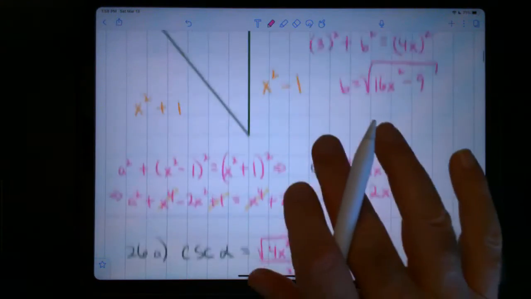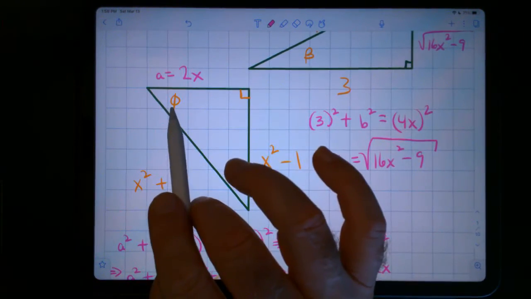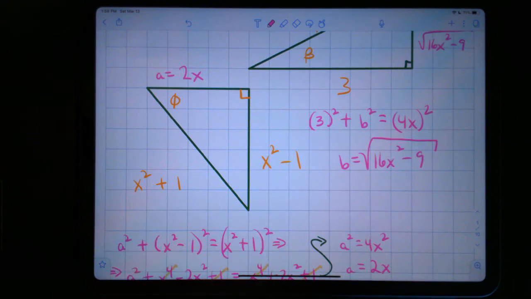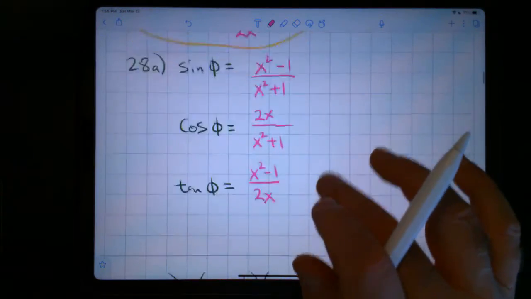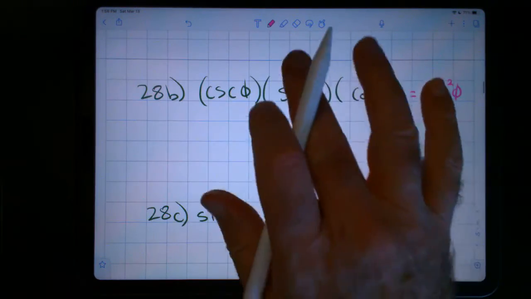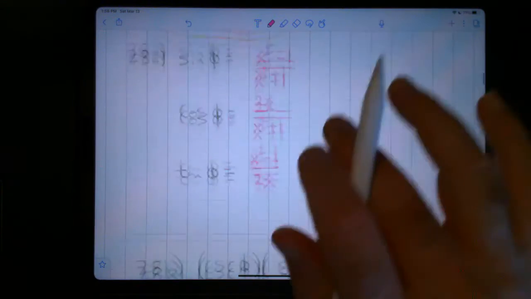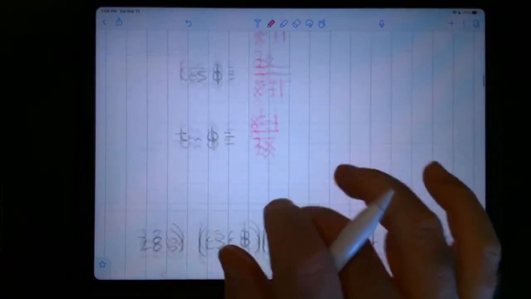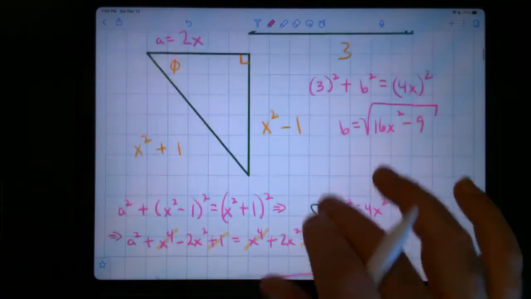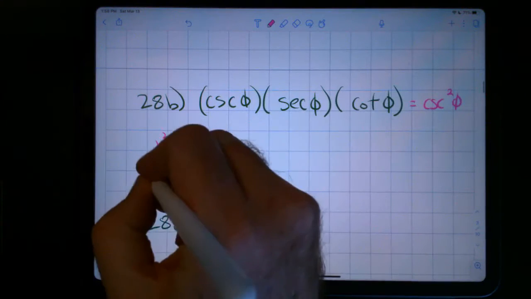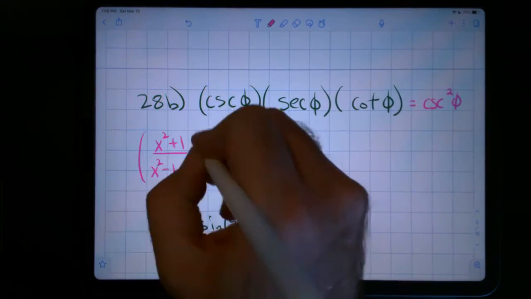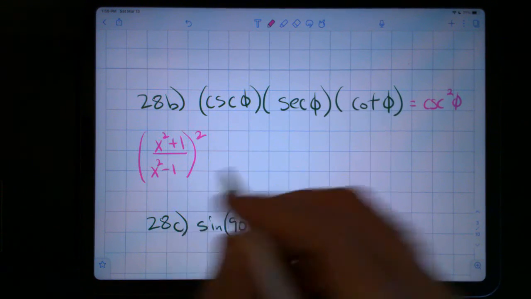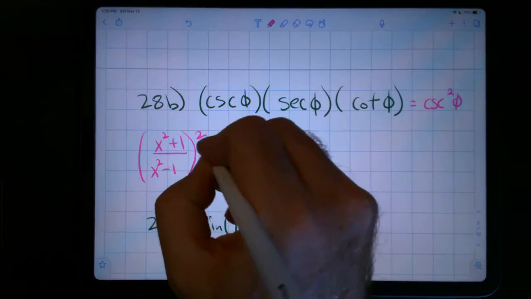Okay. So we're going to take cosecant is the inverse of sine. So it's going to be this over this squared. Okay, let's distribute this out.